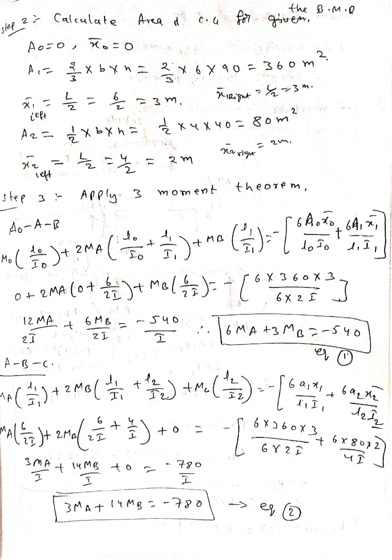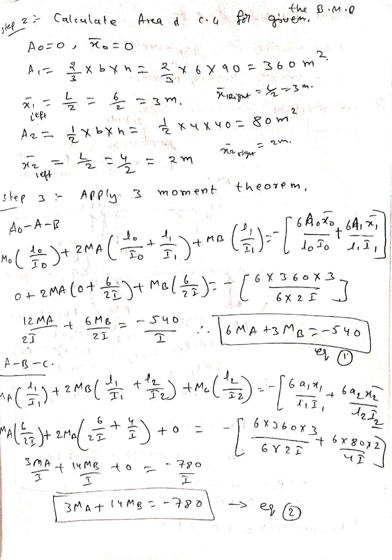M0 is 0 and L0 is 0, so we substitute here, and the right-side term A0 x0 bar also becomes 0. Simplifying this, we get the first equation: 6MA plus 3MB equal to minus 40.